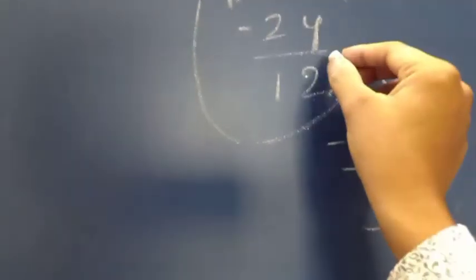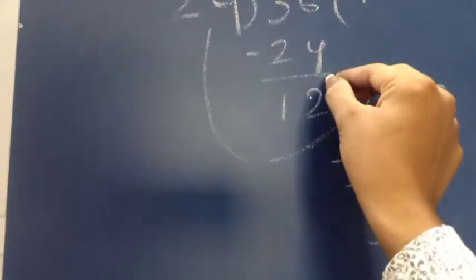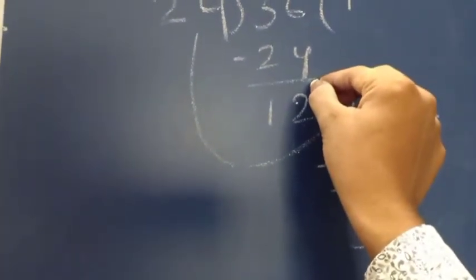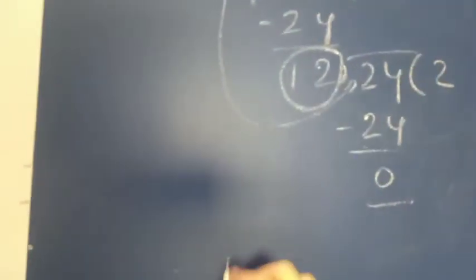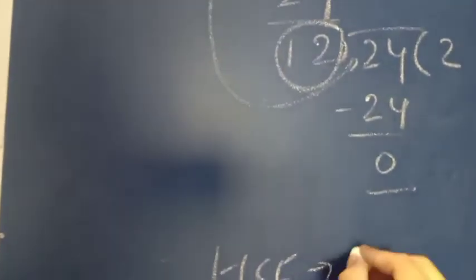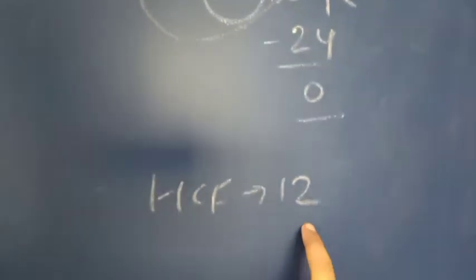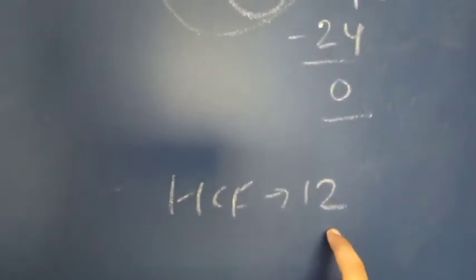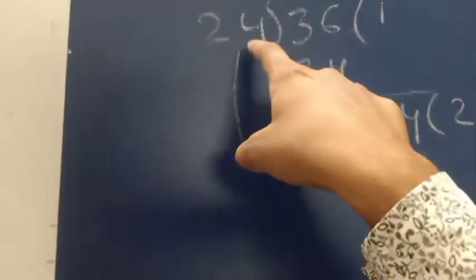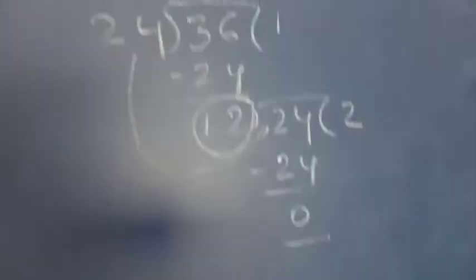That means it is completely divisible by the numbers 24 and 36 is 12. The SCF becomes 12. 12 is the highest common factor which divides 24 and 36 also.